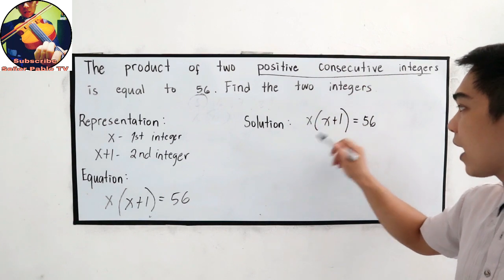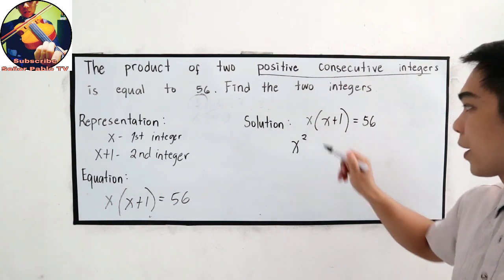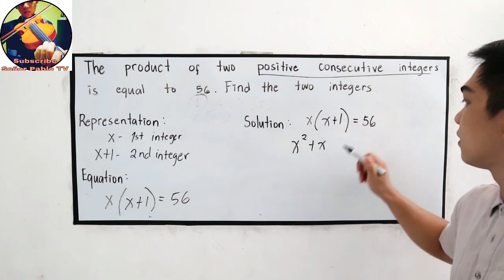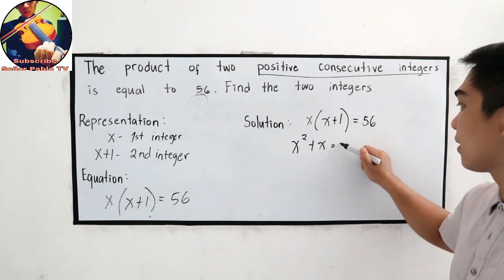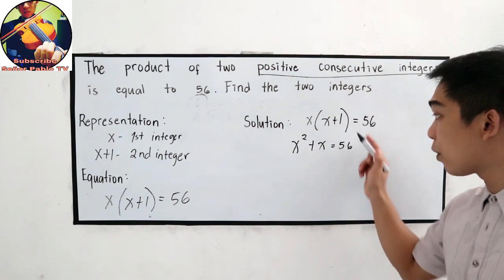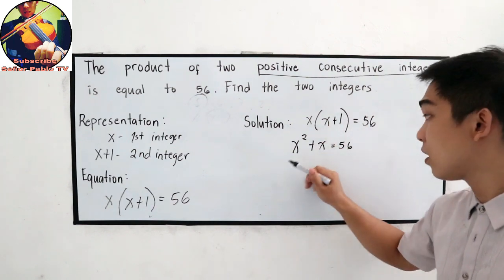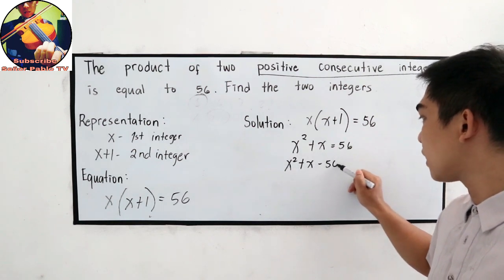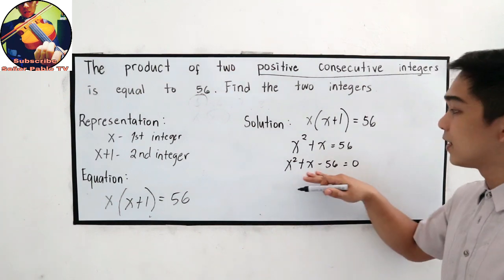So x times x, that is x squared. X times 1, positive x, is equal to, copy 56. Now, transpose the constant, which is 56. So x squared plus x minus 56 is equal to 0.